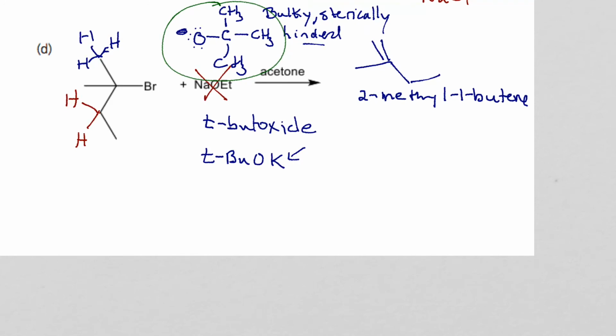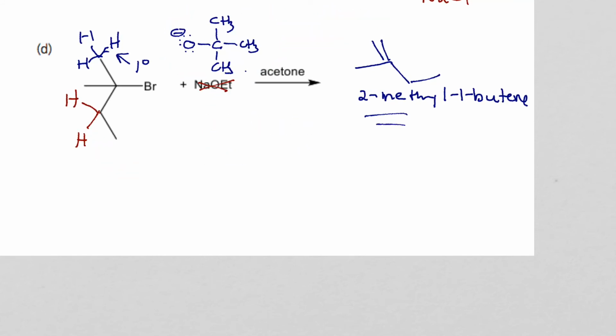So recall from class that this bulky base, rather than reacting with these more sterically hindered secondary hydrogens, is instead going to react with the more accessible primary hydrogens, giving you the non-Zaitsev product. So if we wanted to draw that mechanism, it would look like that. Kicking out bromine, and of course you get bromide as a product as well, and that would hang out with the potassium from the potassium t-butoxide.